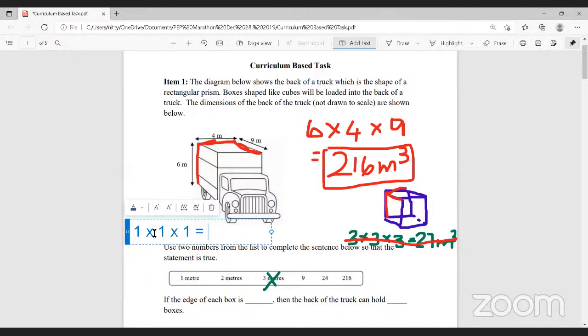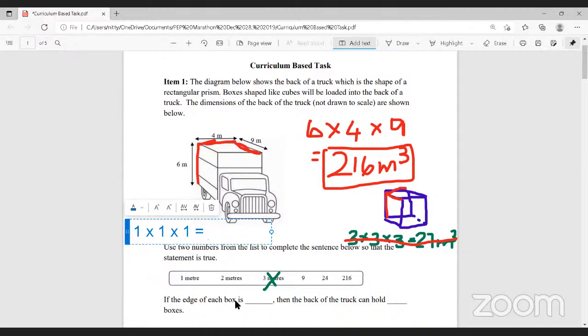What would that be equal to? 1 times 1 times 1. Okay, so you said you used 4, but how did you come up with 4, Tanya? Nia says 2 can't work. All right, there are persons saying 1 meter, but how did you come up with 1 meter?